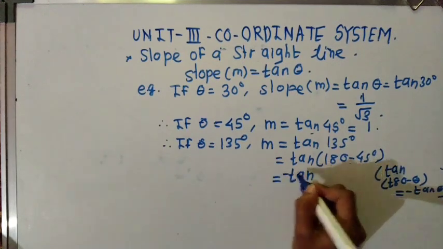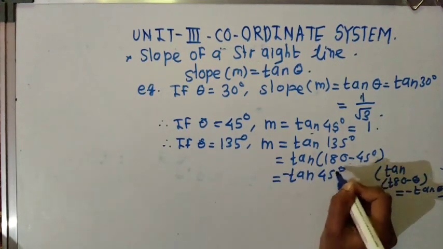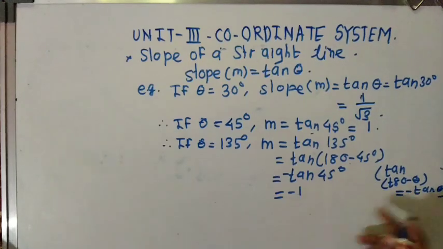Hence we get minus tan 45 degree is equal to minus 1.